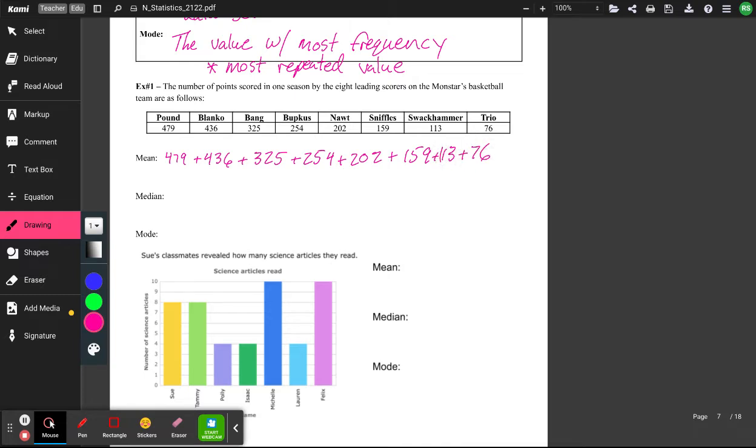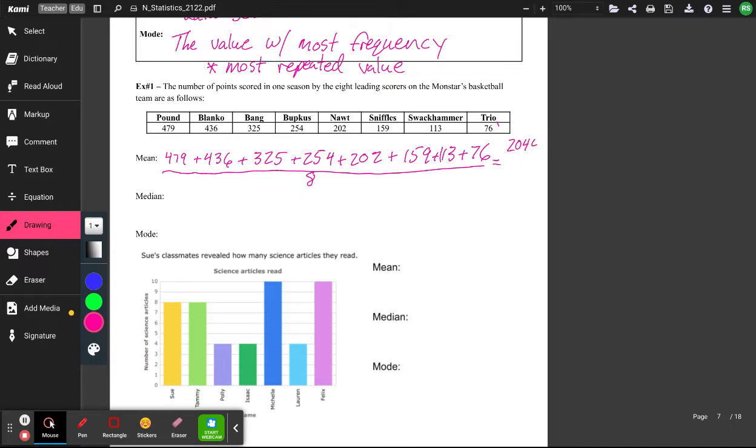Now there are 1, 2, 3, 4, 5, 6, 7, 8 players on the team. So I'm going to add those point totals together and then divide by 8. You'll need a calculator to do this, but I'll add 479, 436, 325, 254, 202, 159, 113, and then 76.